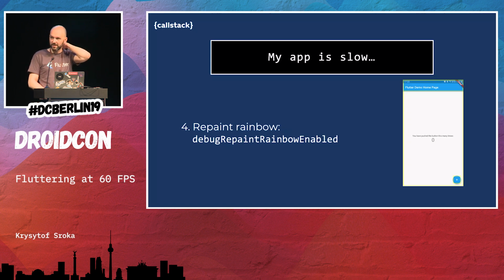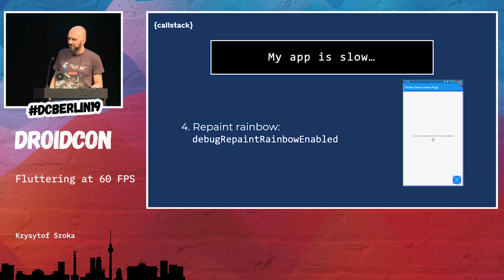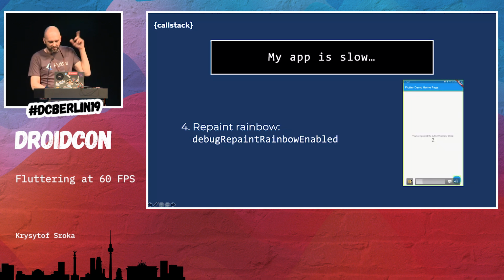neat flags is debug repaint rainbow enabled. So repaint rainbow gives us a nice visual overview of what gets repainted. And you can see, I don't know how visible it is, whenever a widget updates, the border around it is going to change color.